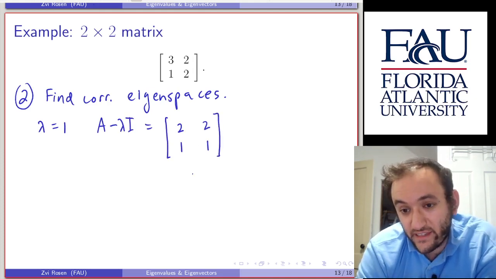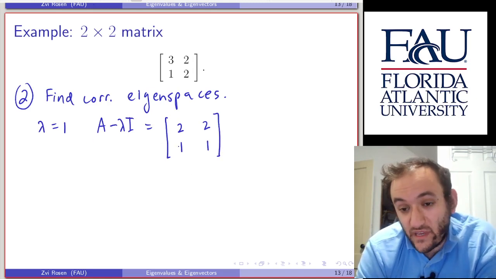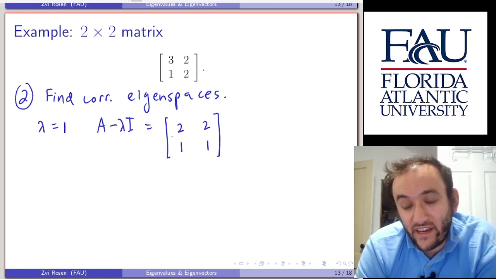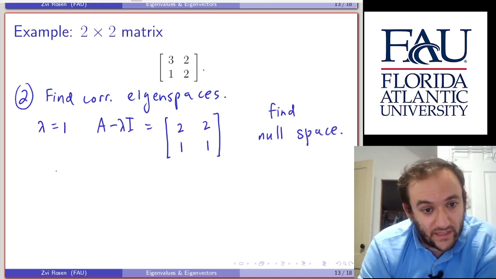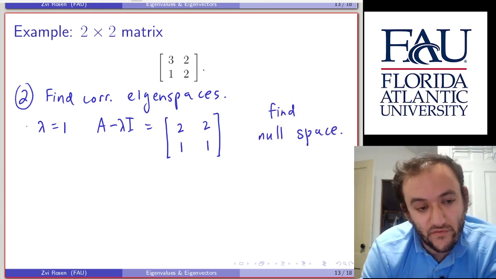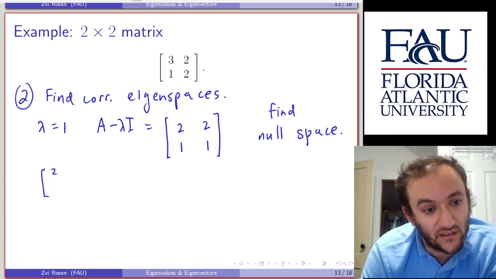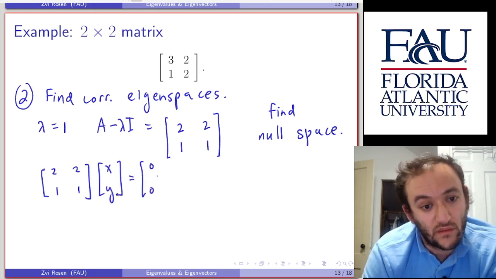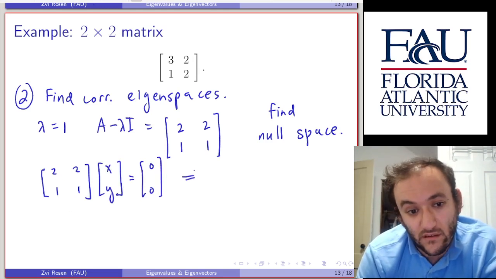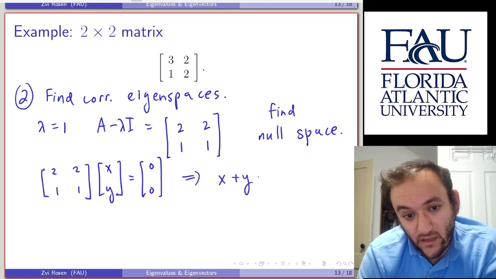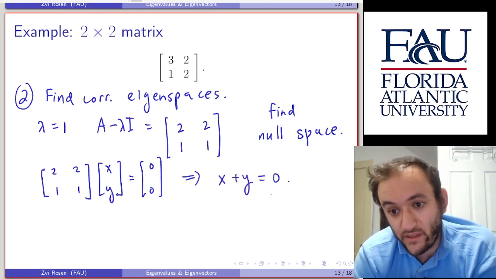Now to find the eigenspace corresponding to this eigenvalue, I find the null space of this matrix. Finding the null space is equivalent to finding the solutions to 2, 2, 1, 1 times x, y equals 0, 0. But you can quickly see that both the first and the second rows basically say that x plus y equals 0. And so that's really the only restriction.